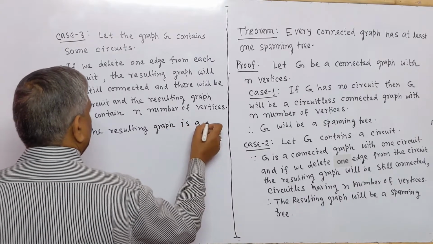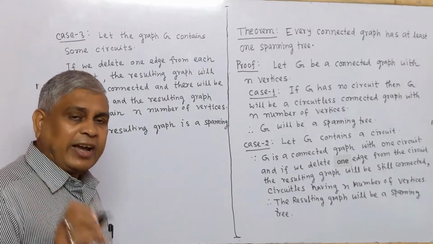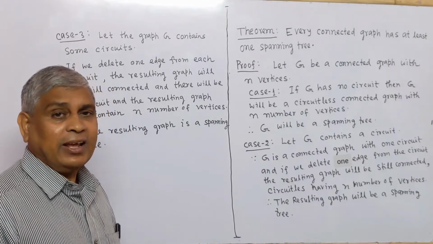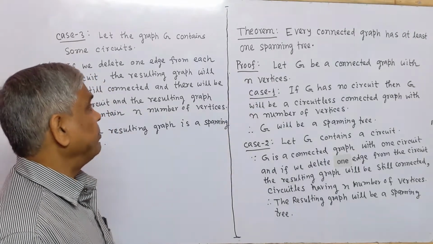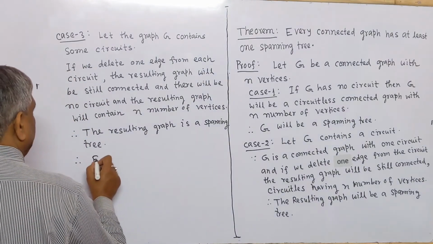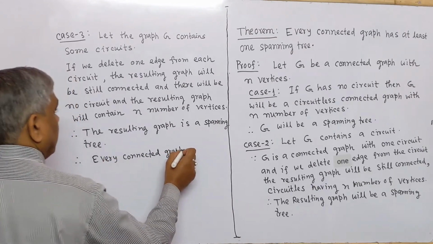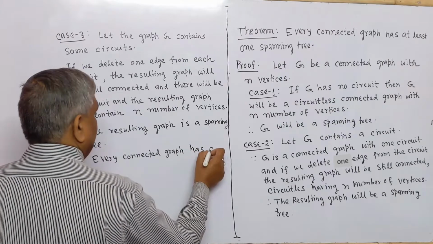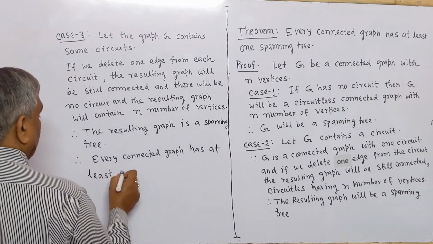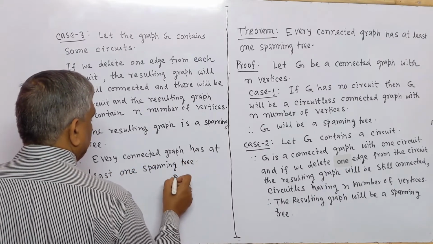So, we get at least one spanning tree in each connected graph. Therefore, every connected graph has at least one spanning tree. Proved.